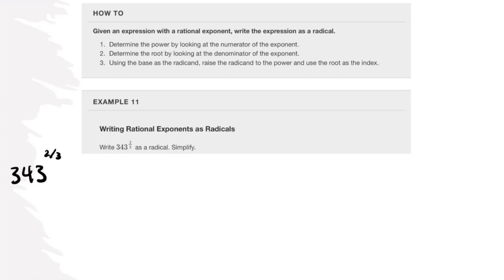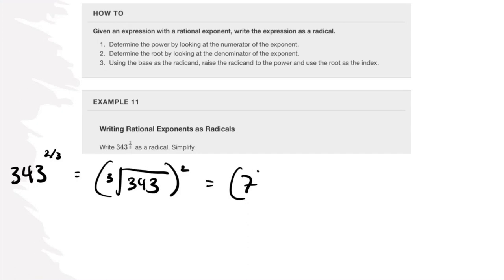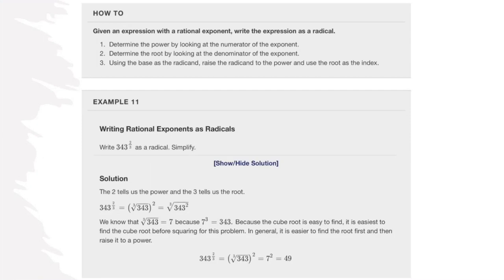Okay, so let's take the cube root first, all right? Because it just seems like it'll be more simple. So we're going to do the cube root of 343, quantity squared. So we just realized that the cube root of 343 is 7. So then this final result is 49. You see it there. Okay, let's try another one.